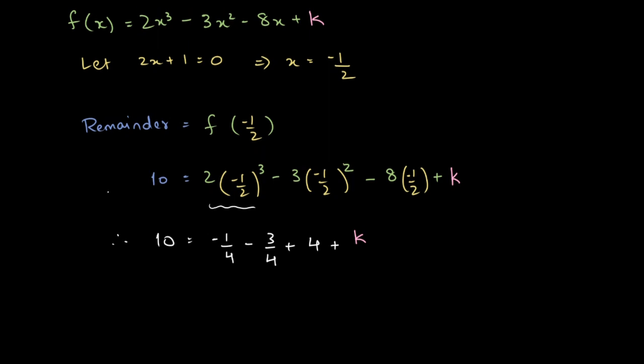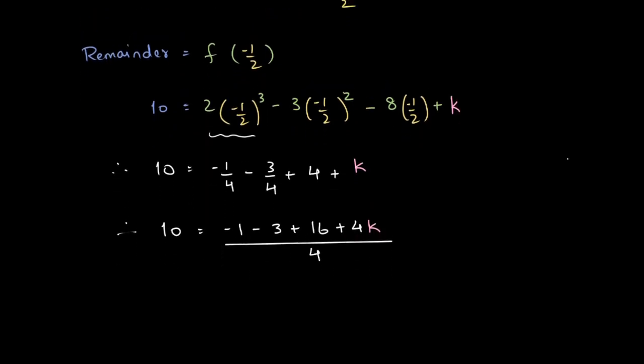So on doing that, I get, therefore 10 is equal to minus 1 minus 3 plus 16 plus 4k, and the entire thing divided by 4.